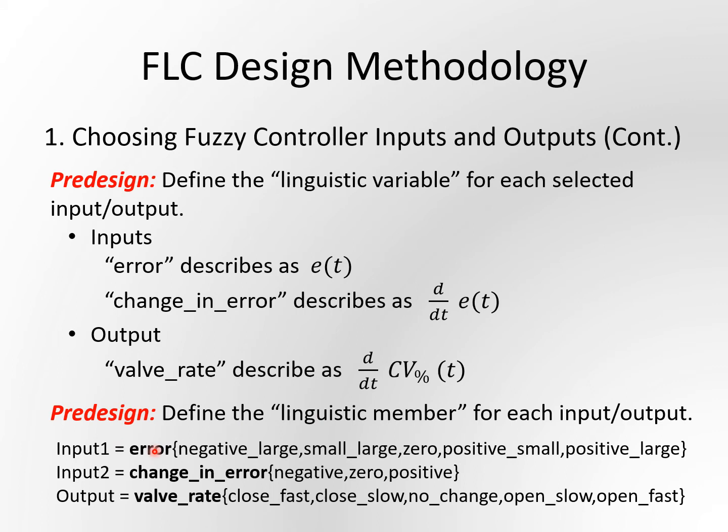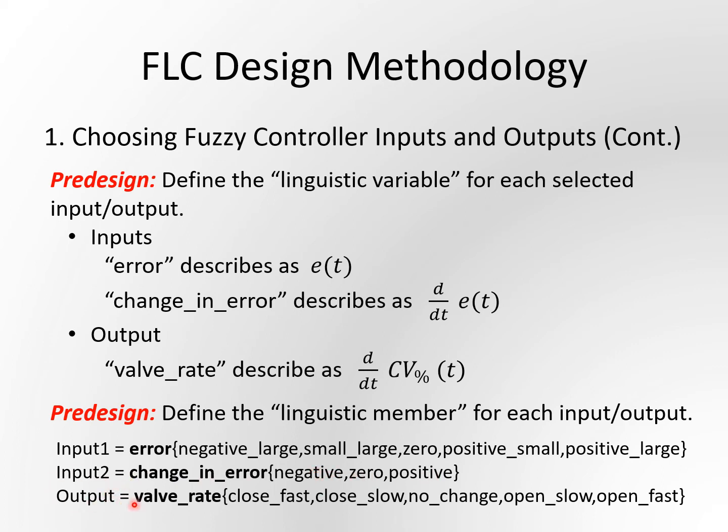For input 1, we define the linguistic variable error into different linguistic members. For example, negative large, negative small, 0, positive small, and positive large, 5 members. For the change in error, as input 2, we define 3 members: negative, 0, and positive.